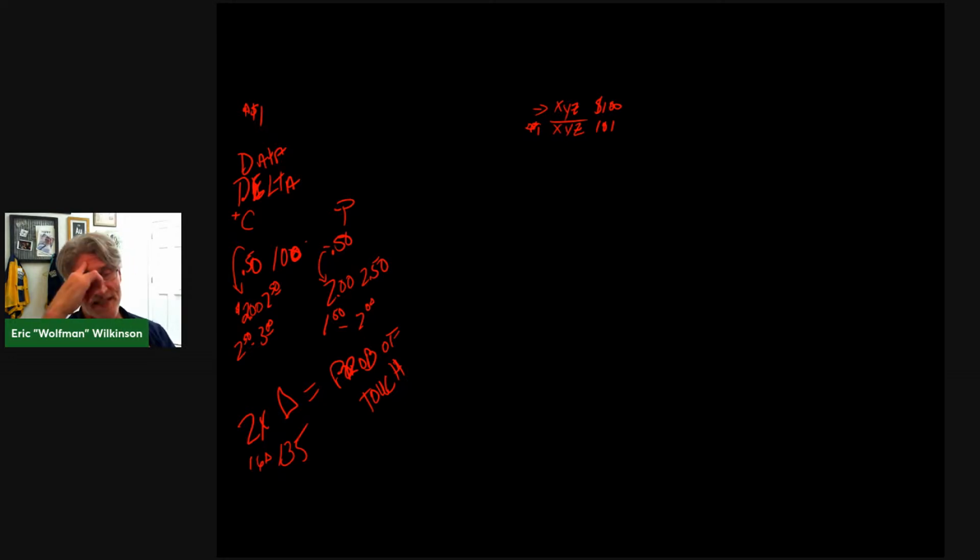I have a 16% probability of finishing 135.01 or better. So the probability of finishing in the money is not nearly as good as the probability of touch. And you'll probably make more money if you do it on the touch rather than waiting for the end of the day, for that expiration, to finish in the money. So delta, yeah, it does fluctuate the prices a little bit there.